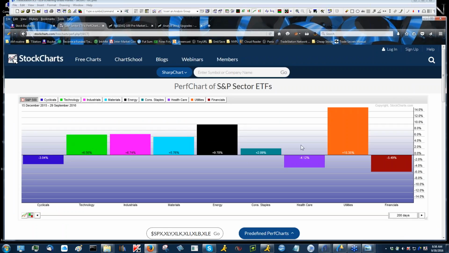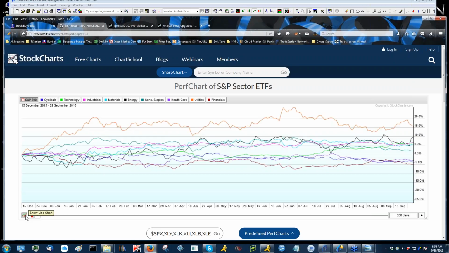you get this thing, which again is just an end-of-the-day snapshot, not all that interesting. But here is basically the free thing that replicates pretty much what I built in my platform. If you go to Show Line Chart, you can modify the time frame, and over time you can see the relative movement of all of these things.